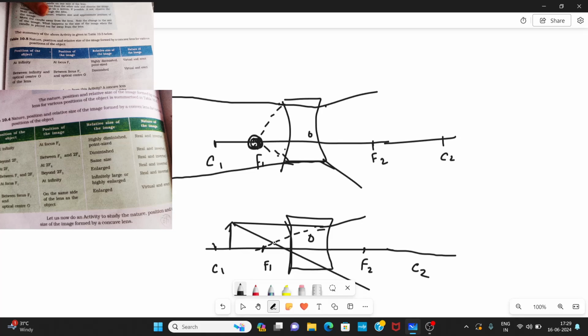So the intersection of this point, if this is AB, this will be A dash, B dash. This is the place where your image is formed, and it will be virtual and erect, and it will also be small, but not as small as in this case.